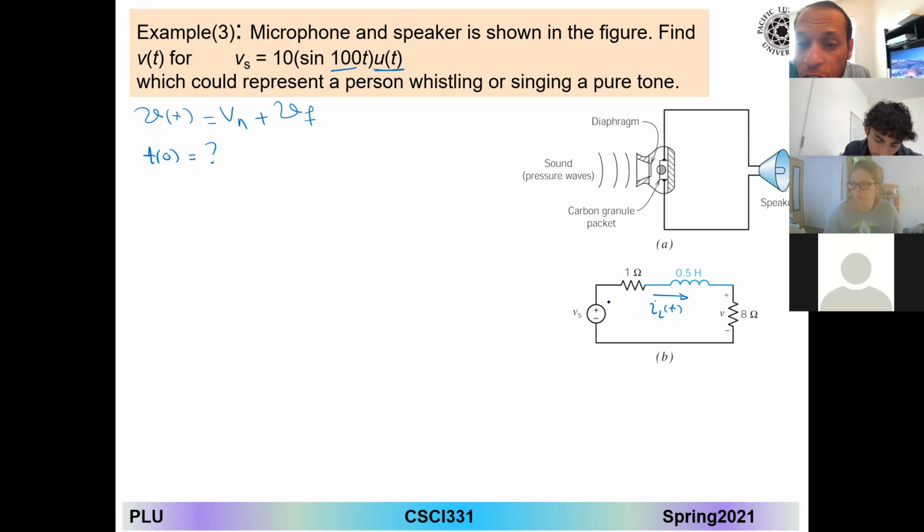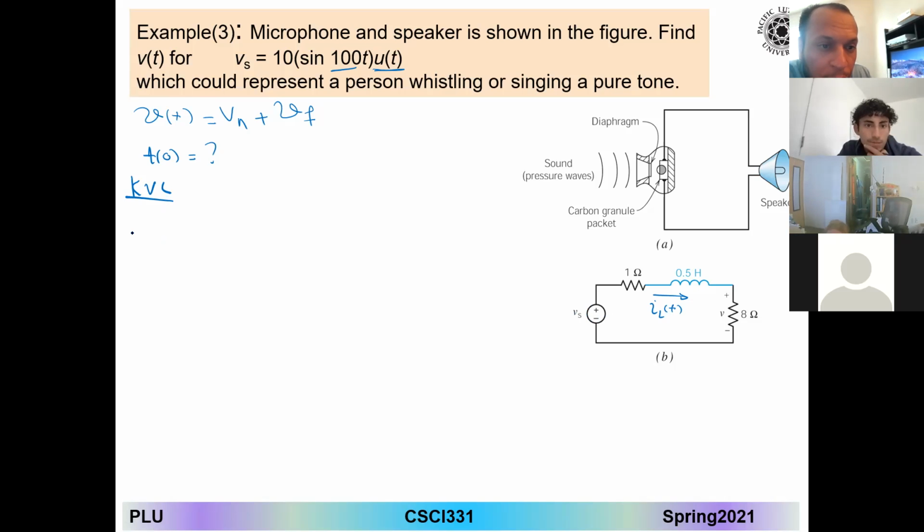Kirchhoff voltage law. I write down my equations with all the elements that we have. We're gonna apply the Kirchhoff voltage law, starting from this part here. Somebody help me with that. I'm gonna start from the VS. Who can do it?